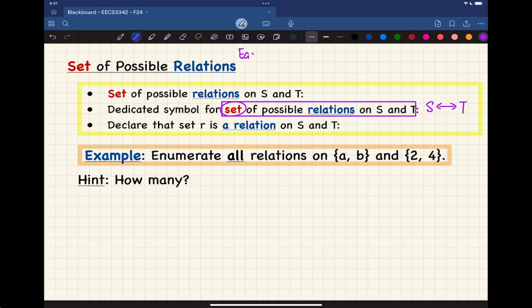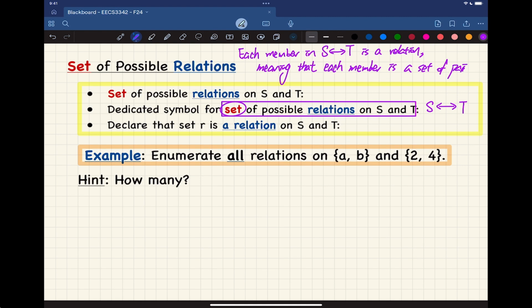Each member in this construct over here is a relation, meaning that each member is a set of pairs. This is important, right? You don't want to get confused.